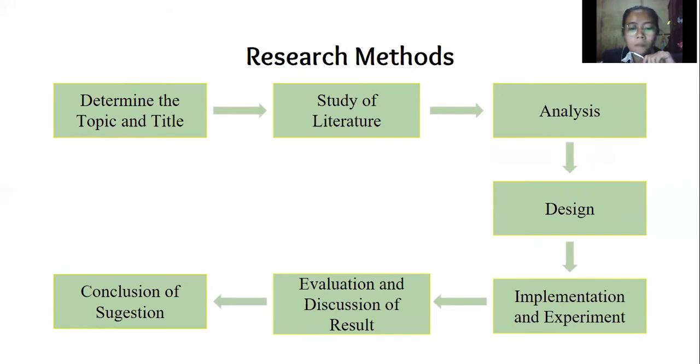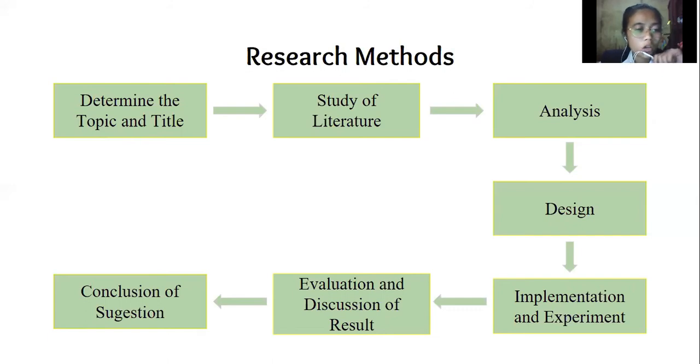6. Evaluation and discussion of results. This step is carried out to evaluate whether slang with the scope of Instagram comments using the normalization approach of words generated by the system is as expected. Apart from that, the implementation result, experiment result, and evaluation result were also discussed.